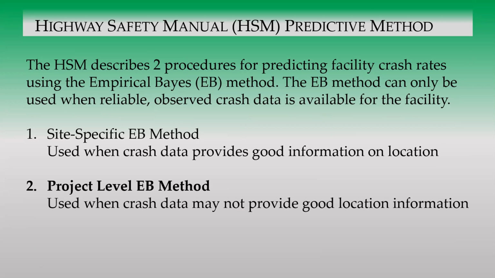Given that crash data often has limitations that you can't do anything about, we chose to use the project-level EB method, which is the route you are supposed to take when you're not quite sure about the location of some of your crashes on the facility you're studying.